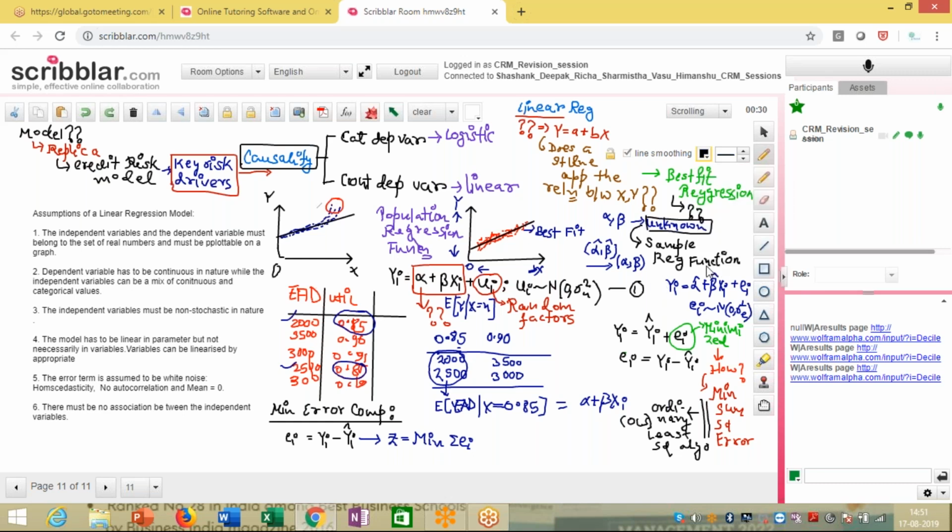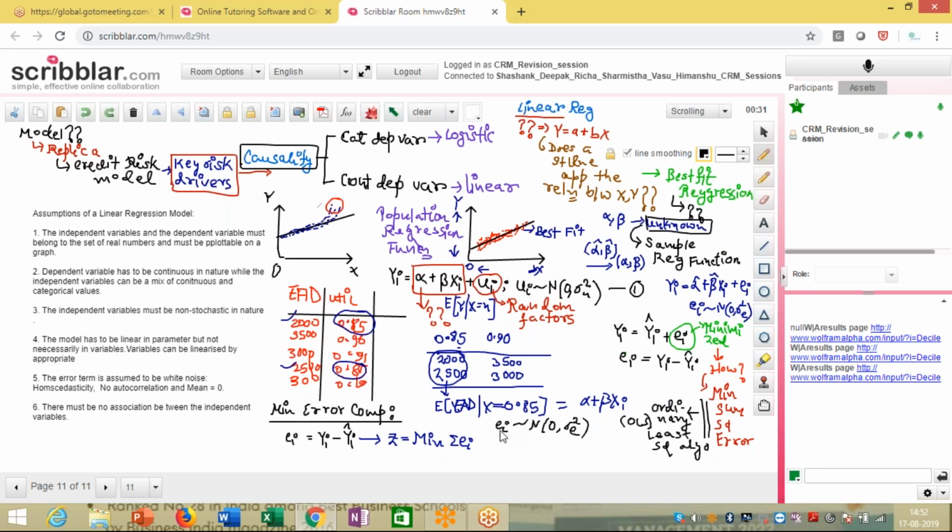One thing you can see is that this error term ei follows a normal distribution with mean 0 and variance sigma square e. The mean of this error term is 0 and it's absolutely random.